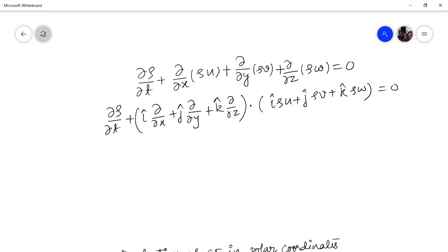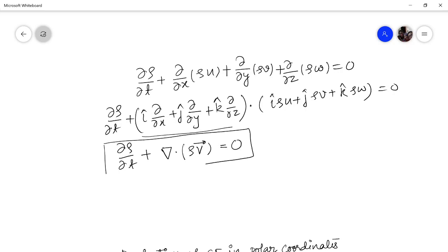Now this ∂ρ/∂t, and then dotted with this, ρ can be taken outside, and this is iu plus jv plus kw, which is nothing but the velocity vector in rectangular Cartesian coordinates. So that is ρV vector. So this is the continuity equation in general vector form.